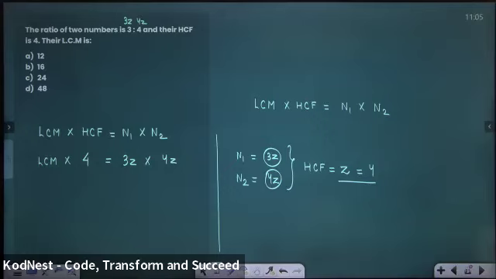Every approach works. It is not like LCM into HCF equal to N1, N2 will not work. This also will work. In every question, I can solve it using the same formula, LCM into HCF equals N1 into N2. But the point is, LCM equal to HCF into integer is a better approach whenever fewer values are given.